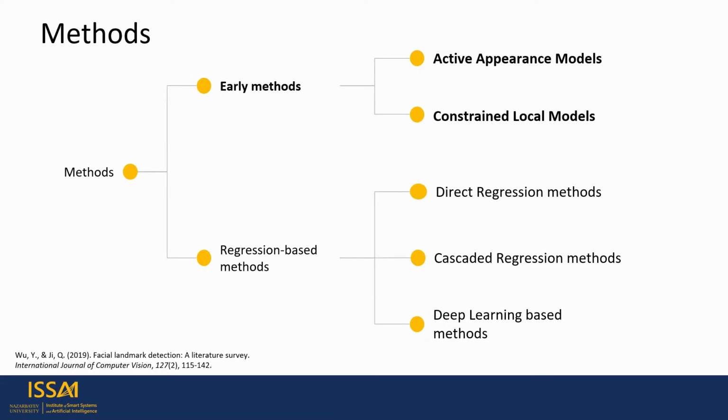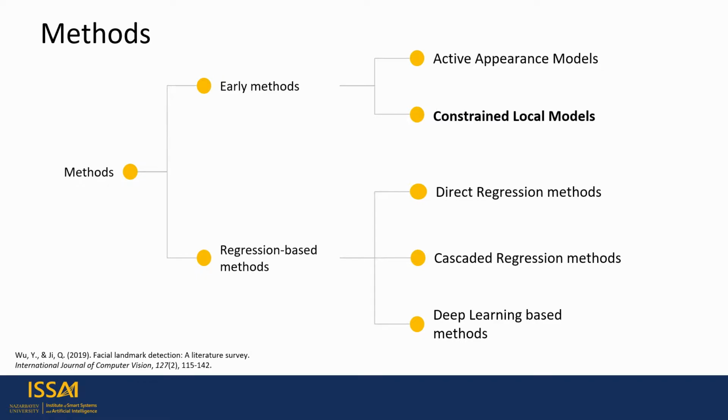Various methods were introduced to tackle the problem. Early techniques are Active Appearance Model, AAM, and Constrained Local Model, CLM. AAM is a statistical method that finds shape and appearance coefficients together with defined transformation parameters that best fit the input image.